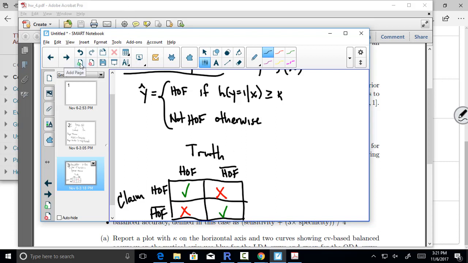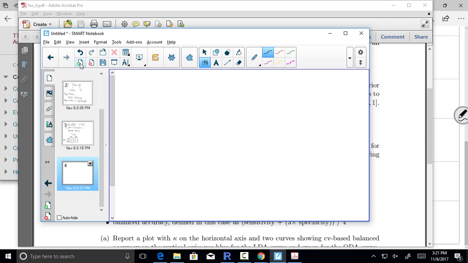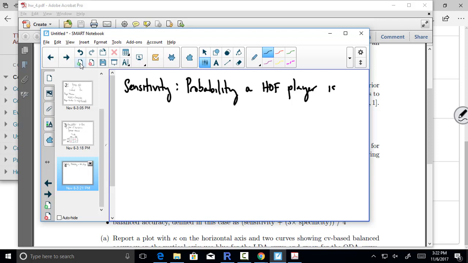There is sensitivity, which is the probability a Hall of Fame player is predicted to be in the Hall of Fame.